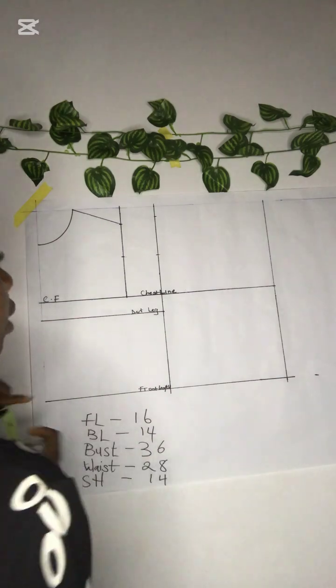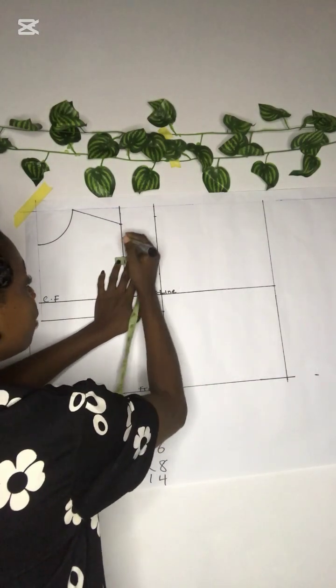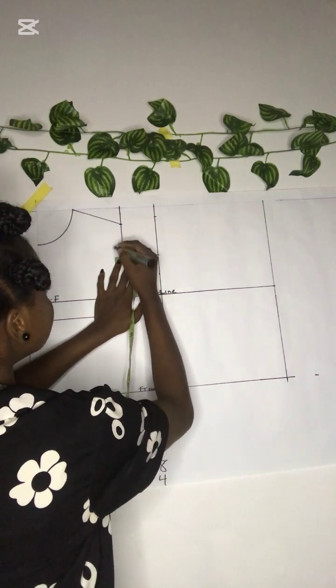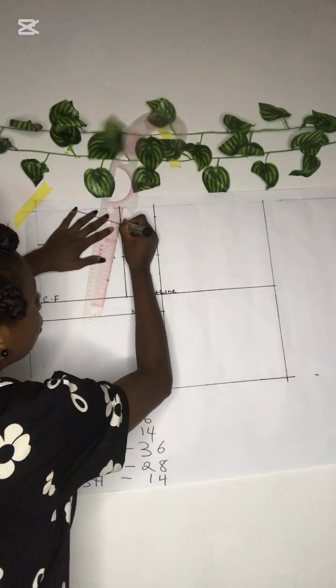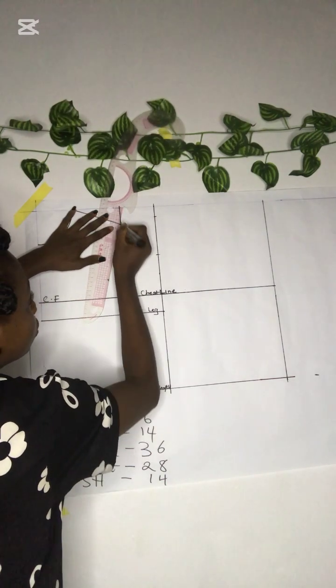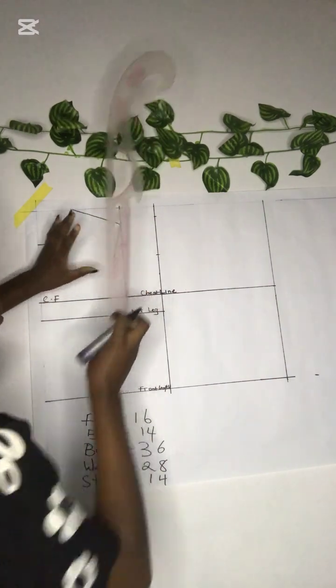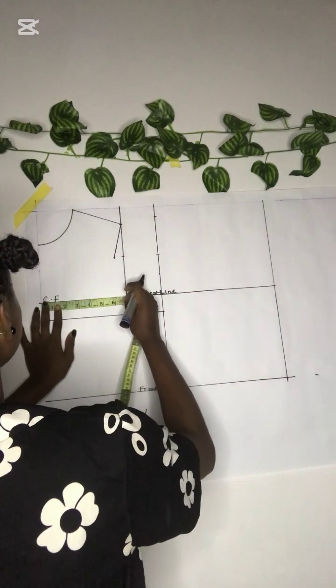So what you're going to mark out there is 3.5. So you mark out your 3.5, and then for the front you go in by 0.75. That's what is going to give that curve. So you marked out 3.5 and then go in by 0.75, then you connect back to the shoulder. And so after this, you can see it's already giving that, you're already seeing it.